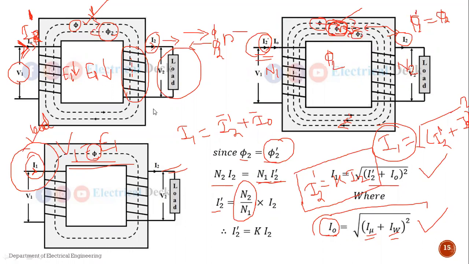That means the resultant value of flux is reduced.